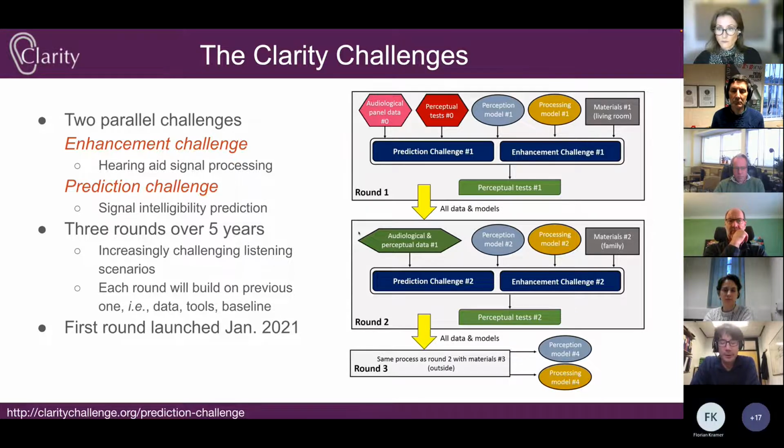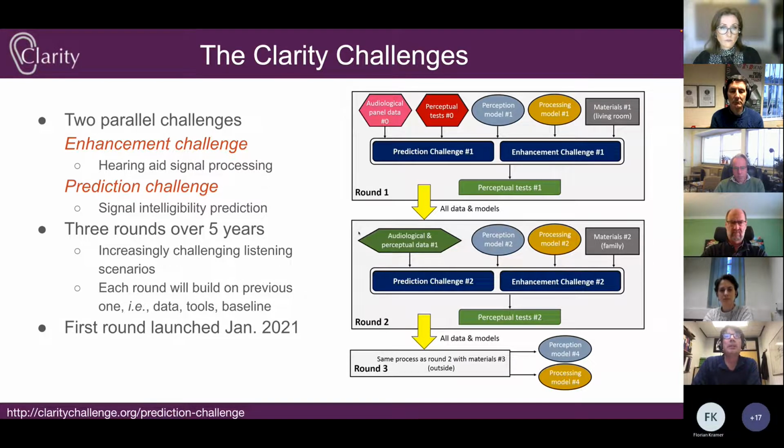If you're going a step further, and you're trying to build your objective measures right into your cost functions for machine learning, then again, you're going to need something which can return prediction scores. So as well as organizing enhancement challenges, we realized we needed better predictors of hearing impaired speech intelligibility.